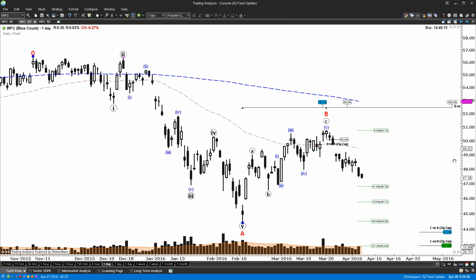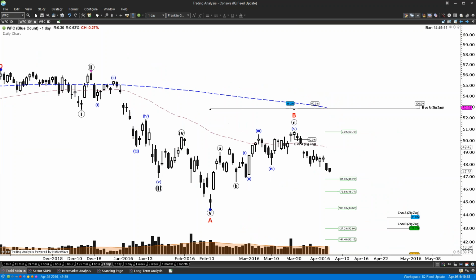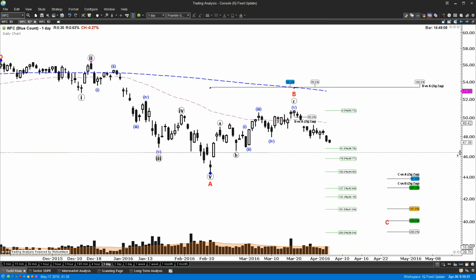And we are now heading lower. If this count is correct, and I almost hope I'm wrong, because if it's correct, we should have a push down to 40 in Wells Fargo, which means a major bank like Wells Fargo losing, what would that be? I guess $4.80 would be 10%.